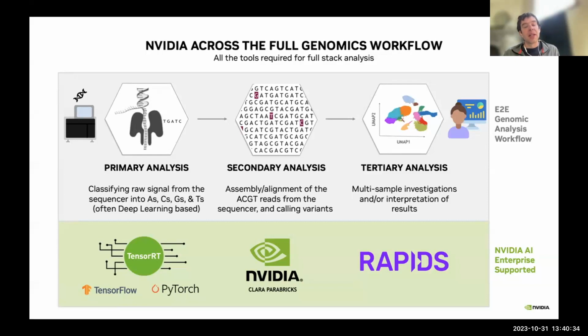Specifically on the alignment side, we do GPU accelerated alignment and variant calling, and that's both for DNA and RNA. If you've ever used Parabricks in the past, there used to be more tools, but essentially we decided to focus on fewer tools just to really focus on speed as well.